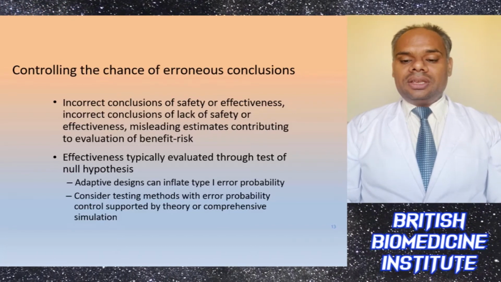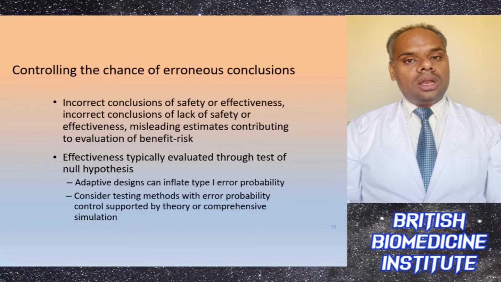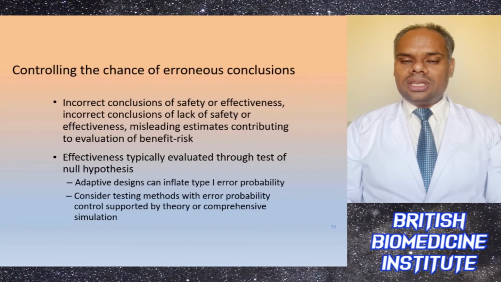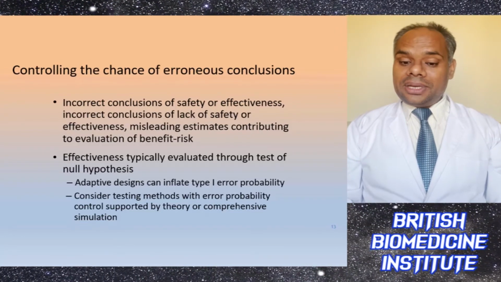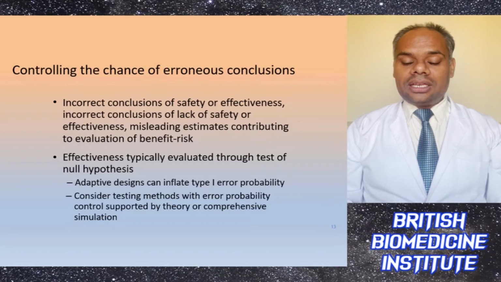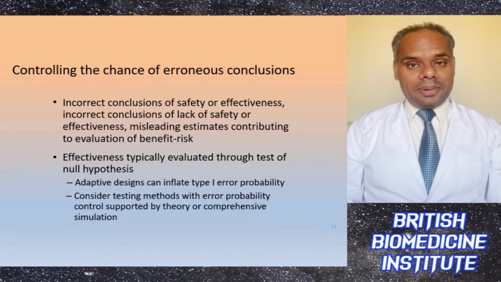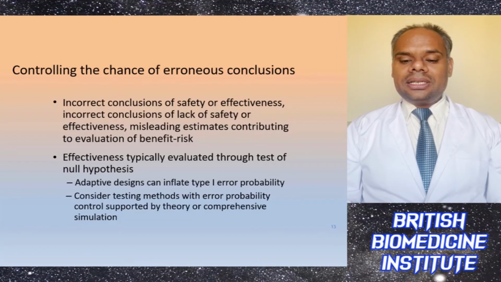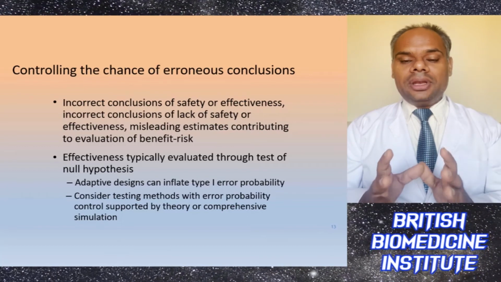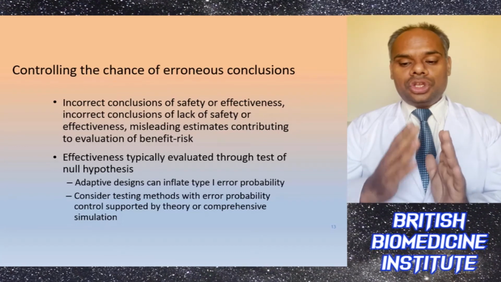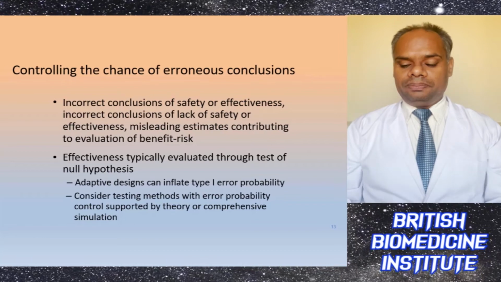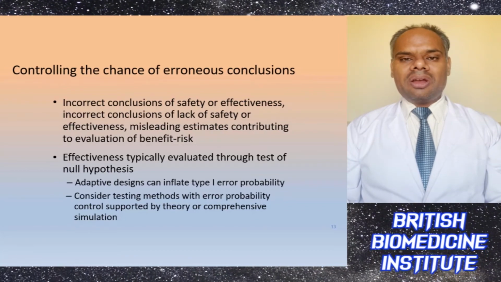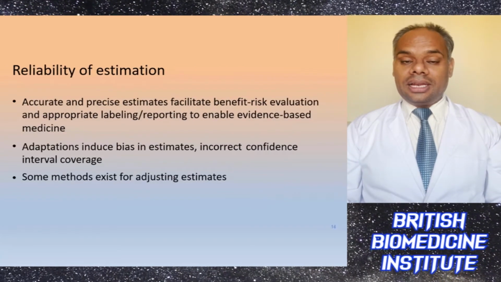Effectiveness is typically evaluated through the test of a null hypothesis, and an adaptive design can inflate our type 1 error probability. We can consider test methods with error probability control supported by theory and comprehensive simulation. So now comes the estimation reliability.